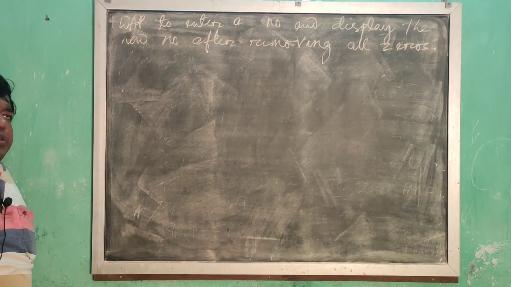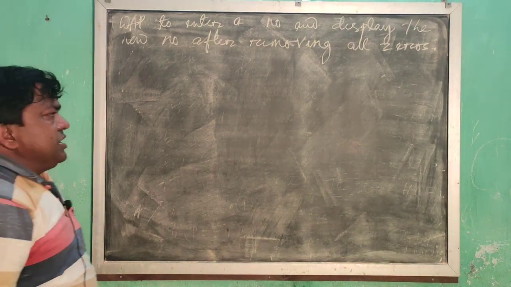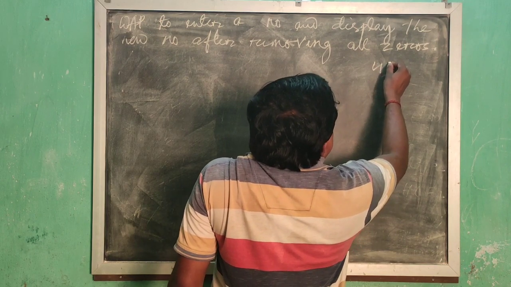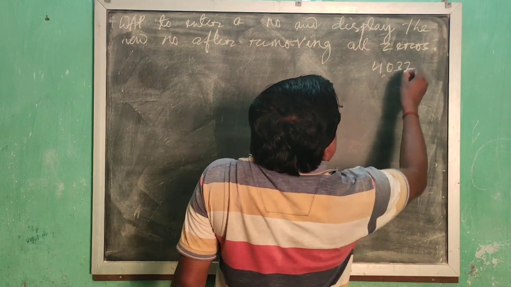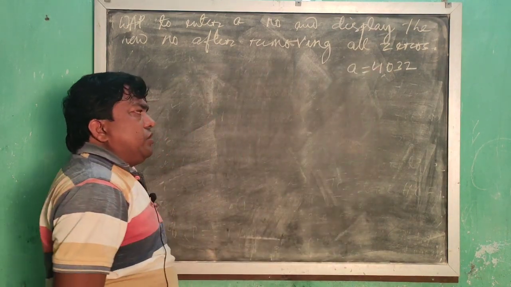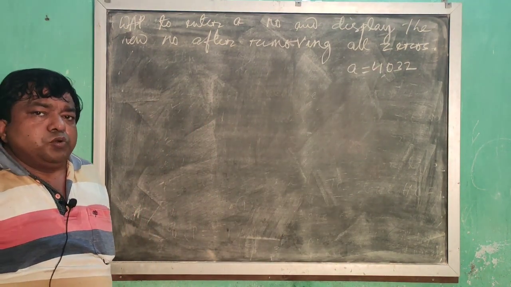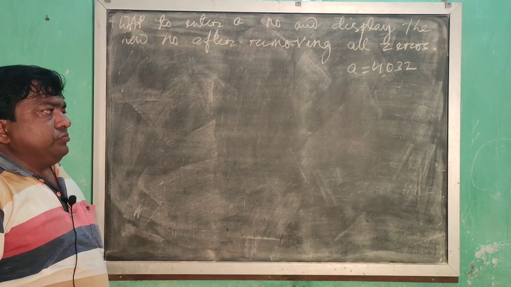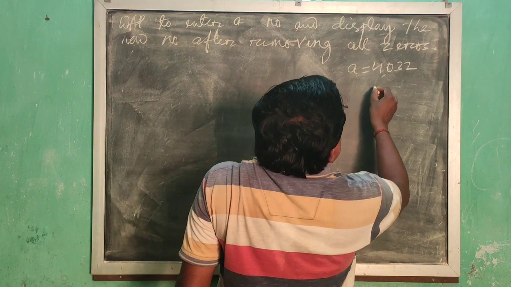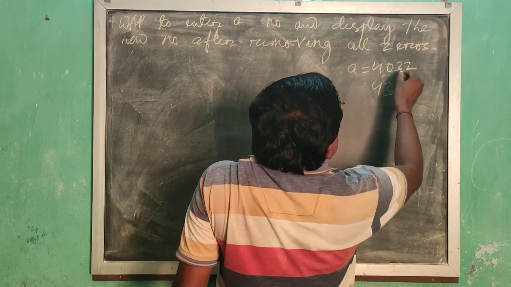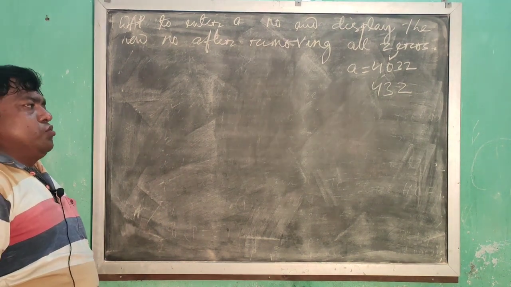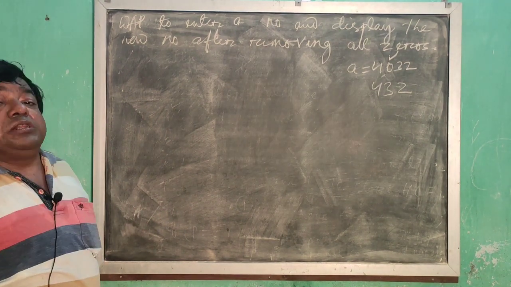Understood the question? See, suppose we enter 4032. Okay, if we enter a number 4032, then your output will be 432, means we need to remove all zeros.